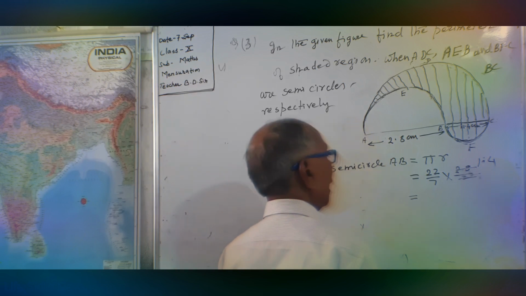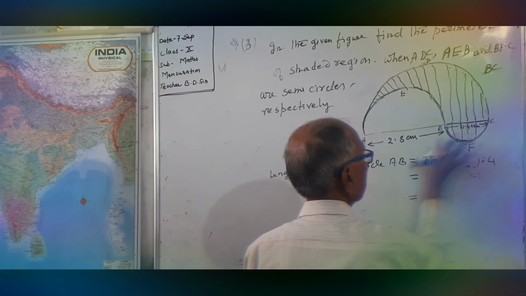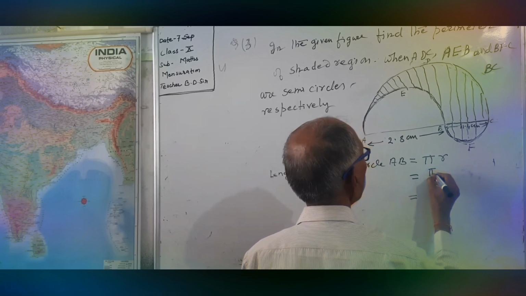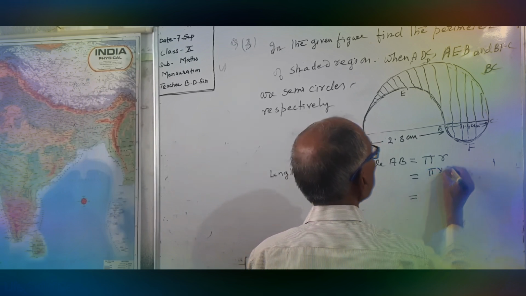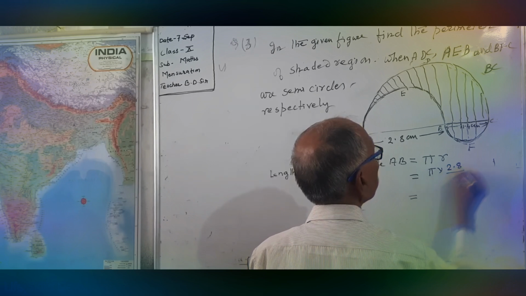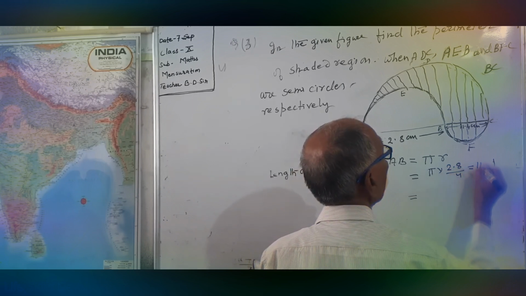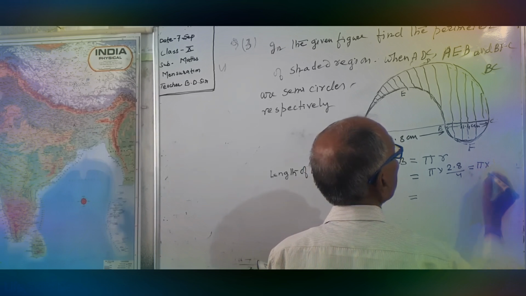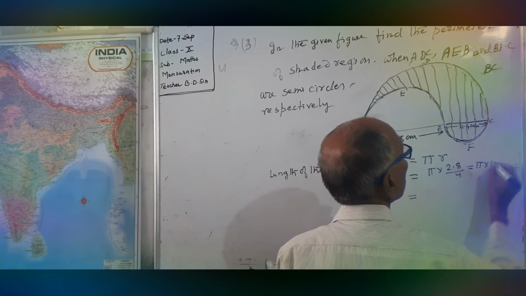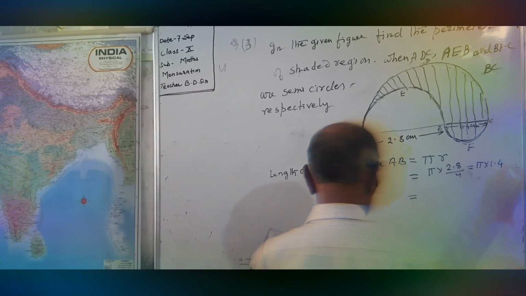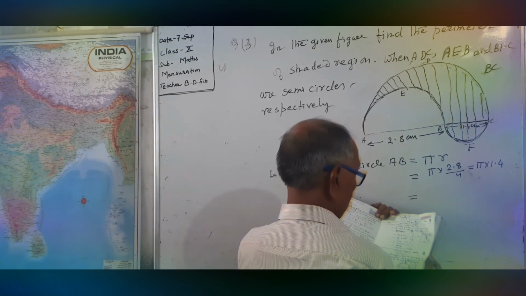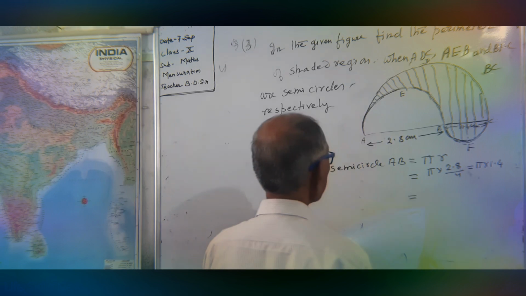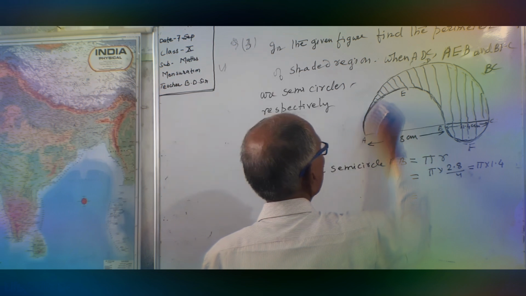I write pi, not 22 by 7, always first pi into r. So pi into 1.4. Okay.